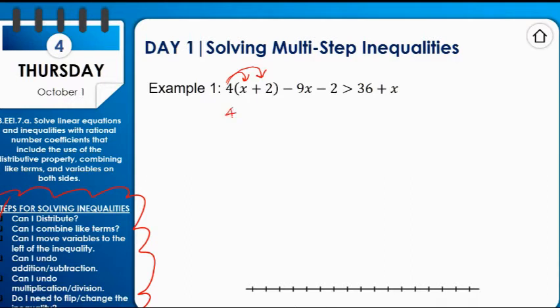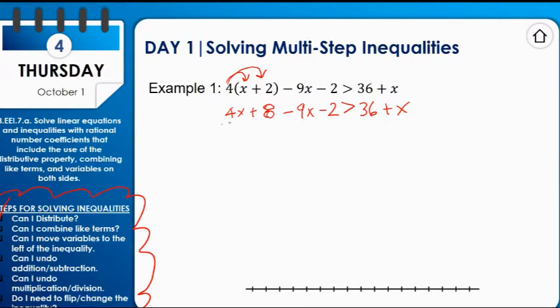So multiply 4 times x, I have 4x. When I multiply 4 times positive 2, I have positive 8. So I bring down everything else. 9x minus 2 greater than 36 plus x.